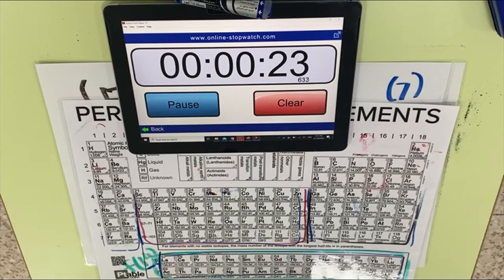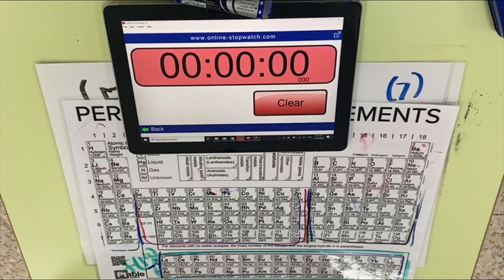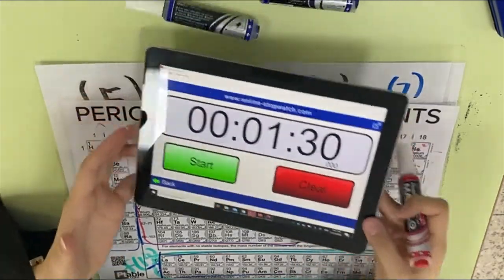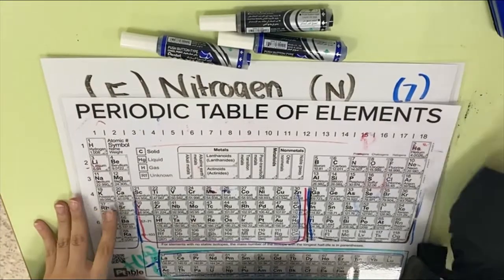Are we on the right track? Are we getting the electron configuration for nitrogen? Check your answer by checking the number of electrons, okay? Time is up. Let's check our answer.